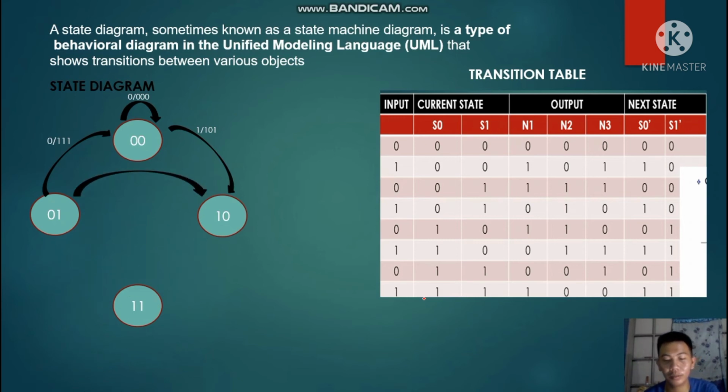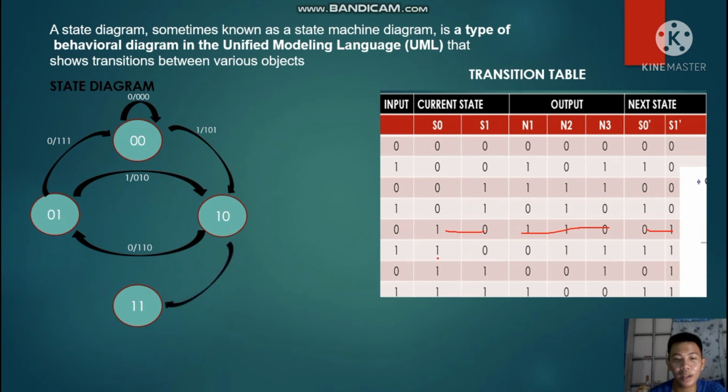So next, from current state of 1 0, going to next state 0 1, we have an input of 0 and an output of 1 1 0. Next, from 1 0, next state of 1 1, we have an input of 1 and an output of 0 1 1. So this process is repeated until the last input.